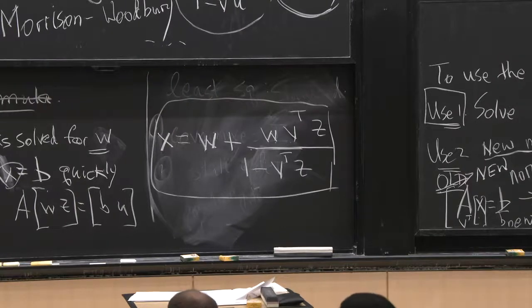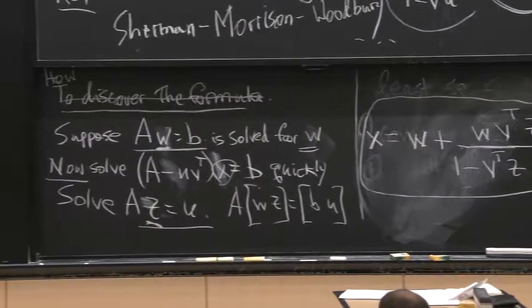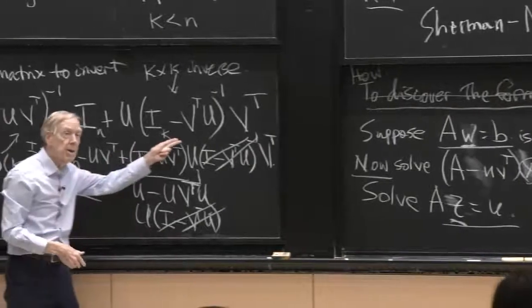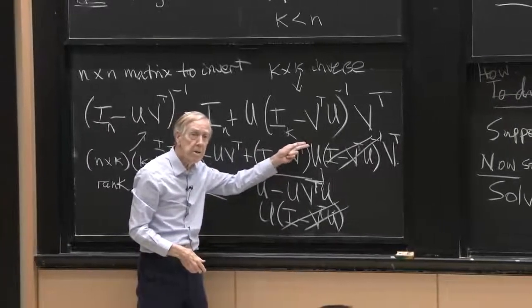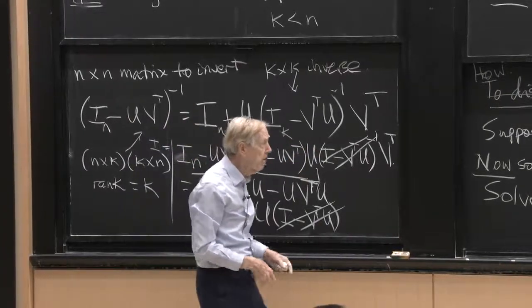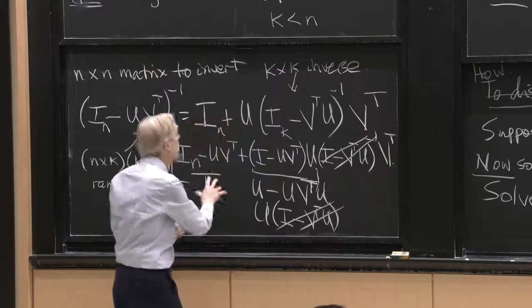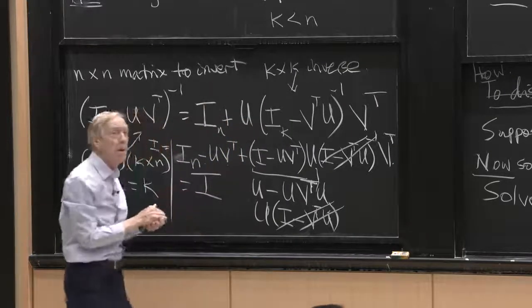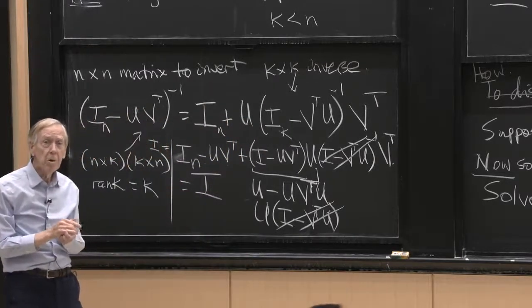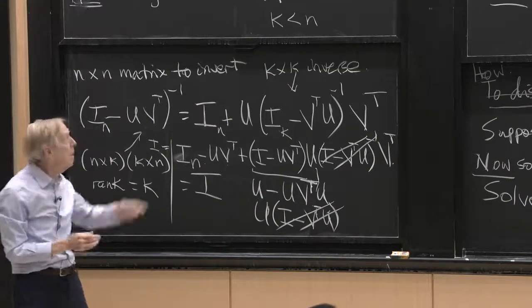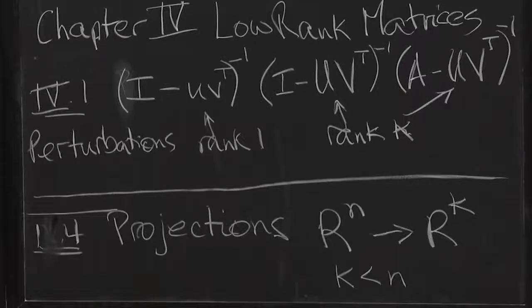And that the formula says to invert an n by n matrix, you can switch and invert a k by k matrix. And then I spoke about a couple of the applications. So the only thing I have not done is to give you the full Sherman, Morrison, Woodbury formula, the one with an A, the one that's up on the right. Can I do that finally? You could probably guess what it's going to be.